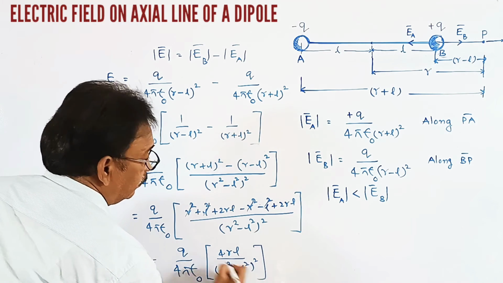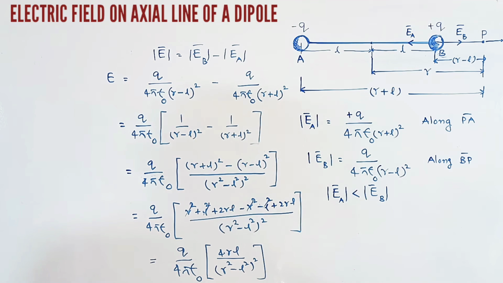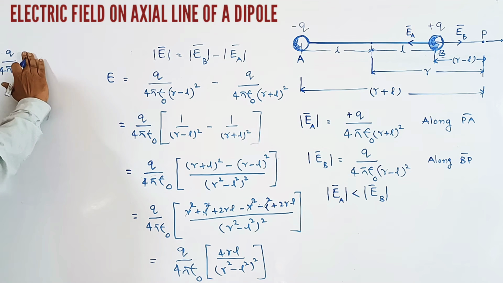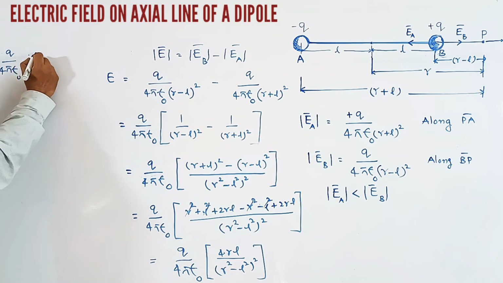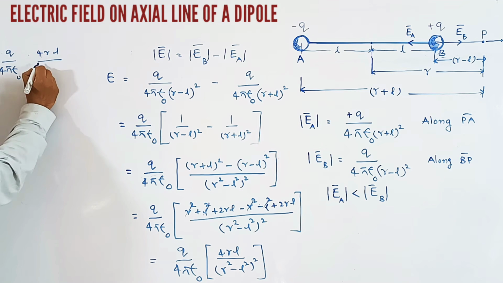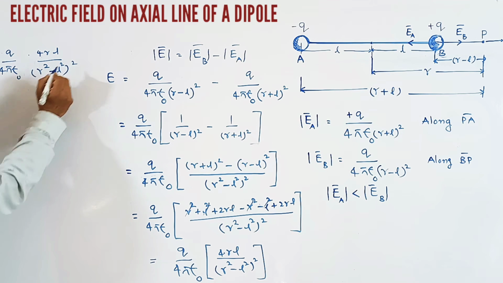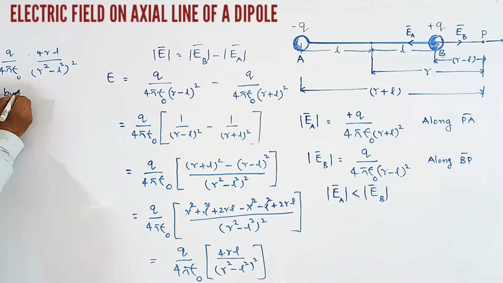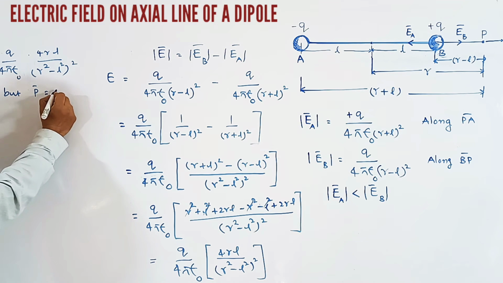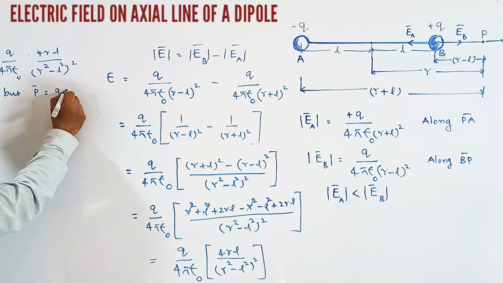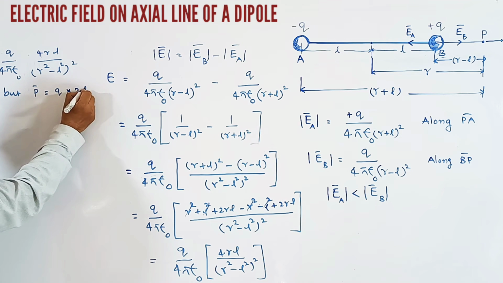whole square, students. Well, students, further we can write this equation as E resultant is equal to Q by 4 pi epsilon naught into 4RL by R square minus L square whole square. But we learn that P bar is equal to Q multiplied with length, that is 2L.